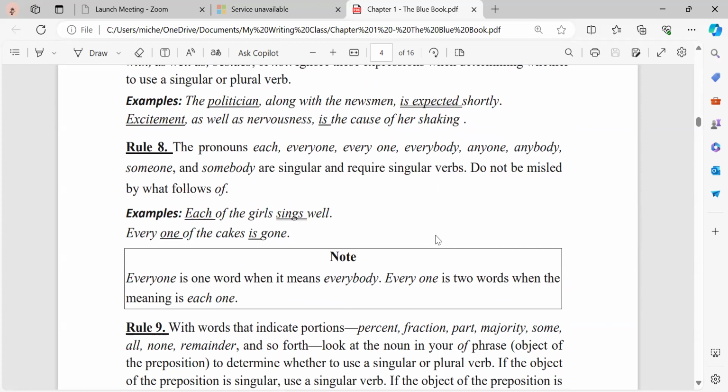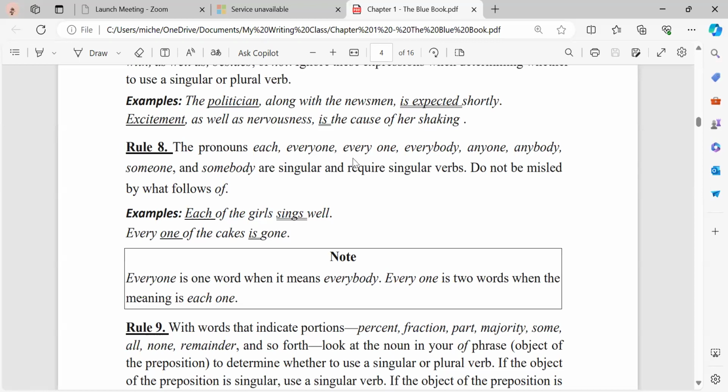And for rule number 8, we have the pronouns each, every one, everyone. These are different: everyone and every one. Probably easier to explain in Indonesian.